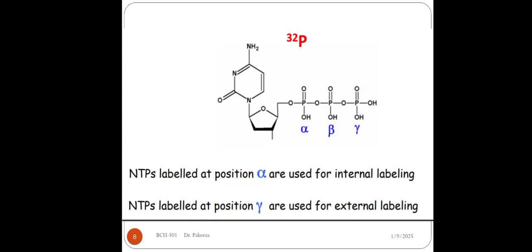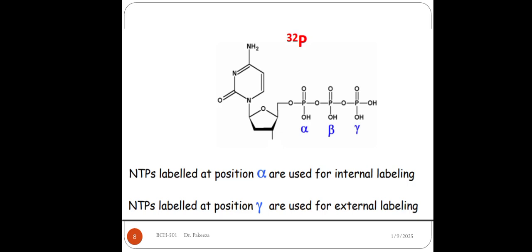You can see here the positions for radioactive P32. It can be on the alpha phosphorus, the beta phosphorus, or the gamma phosphorus. When we want this P32 to get incorporated within the growing chain, it is very important to place our radioactive P32 at the alpha position.